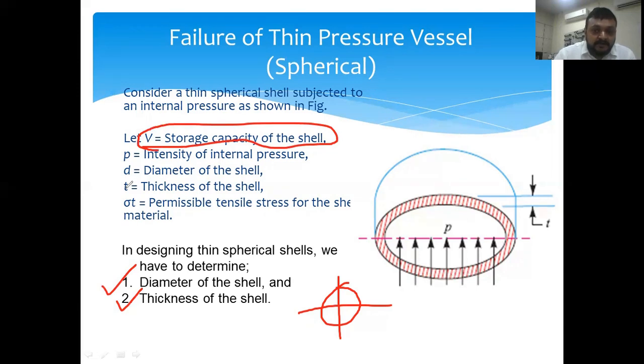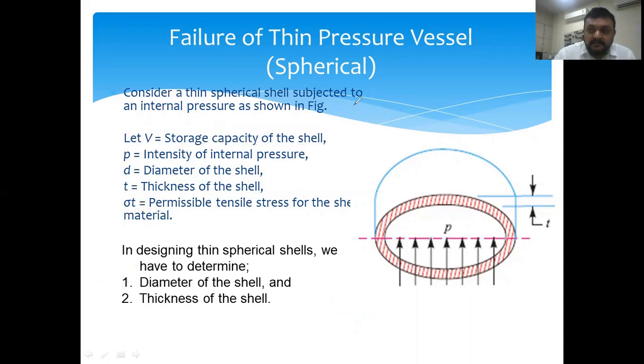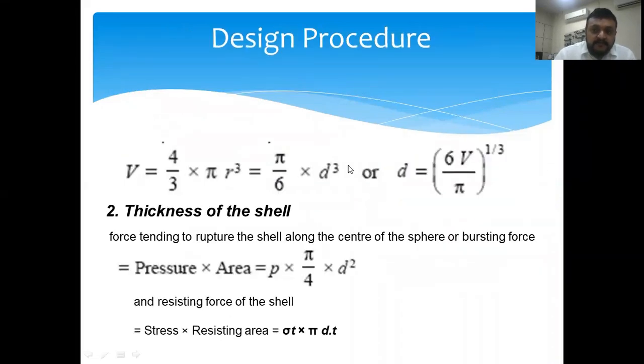Okay, and sigma T is the permissible tensile stress of the material itself. So the same thing you have to follow as we have discussed in the thin cylindrical pressure vessel. The first step is to calculate the diameter, which I have already told you.